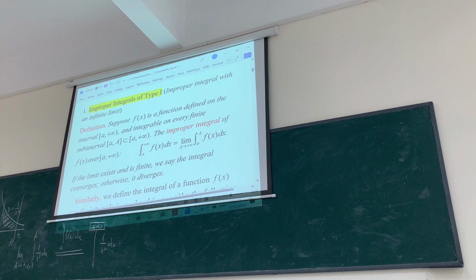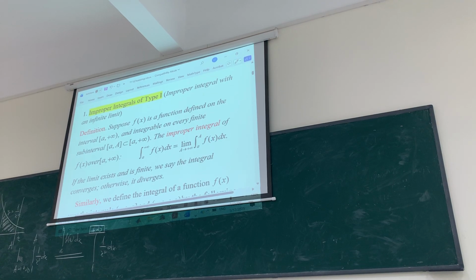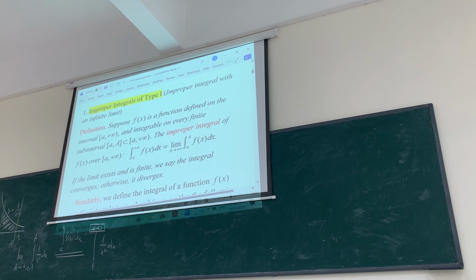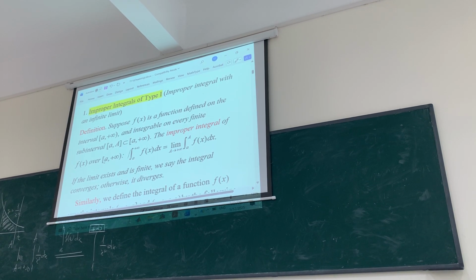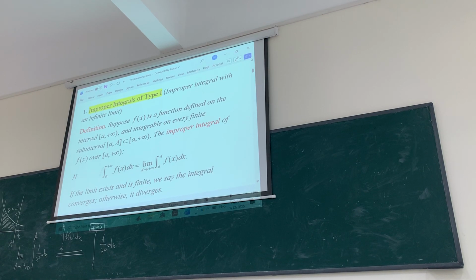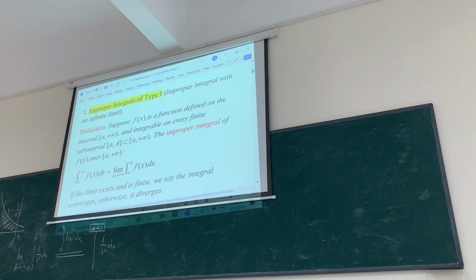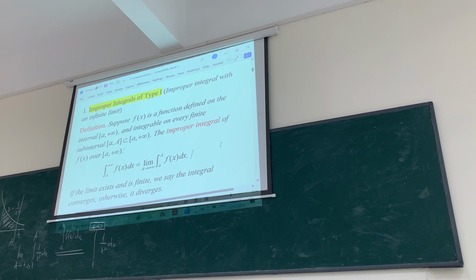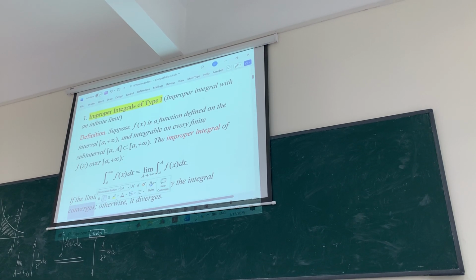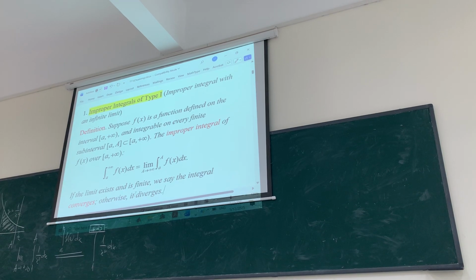The improper integral of f(x) over the interval a to infinity we define by the limit of definite integrals: the integral from a to infinity equals the limit as capital A tends to positive infinity of the integral from a to A. If the limit exists and is finite, we say that the integral converges. Otherwise, it diverges.